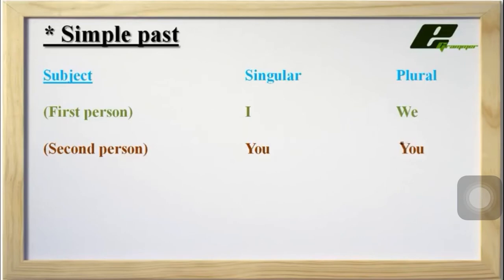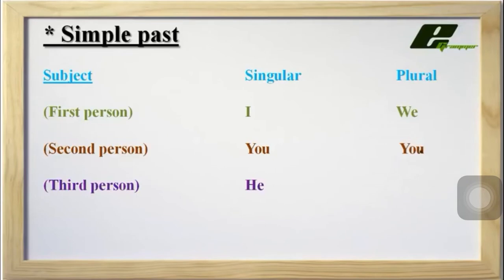Now we get confused here. This you stands for one person and this you stands for more than one person. There is no difference, but you can use you for singular also and for plural also. Understood? Now then comes third person. Now what is third person?